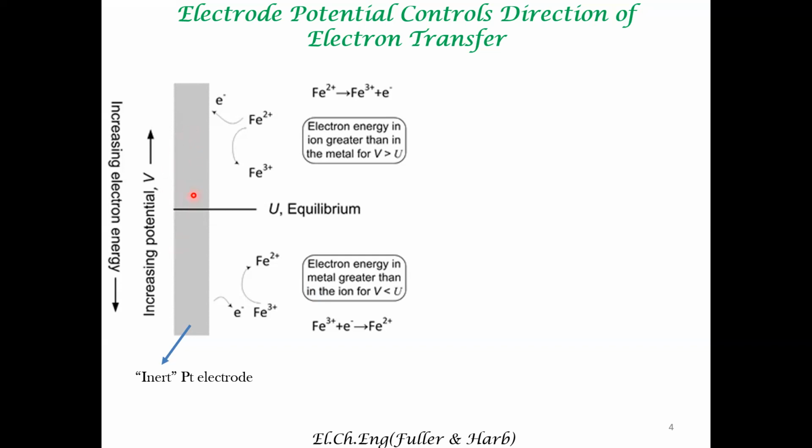Okay, the opposite will happen when we are decreasing the electrode potential. When we are decreasing the electrode potential, that is when we are making it more negative or more cathodic, we are increasing the electronic energy levels in this direction.